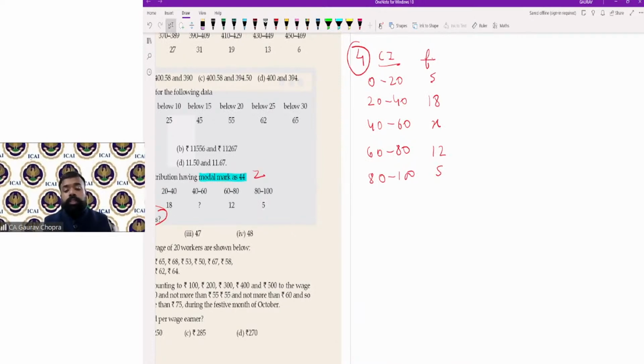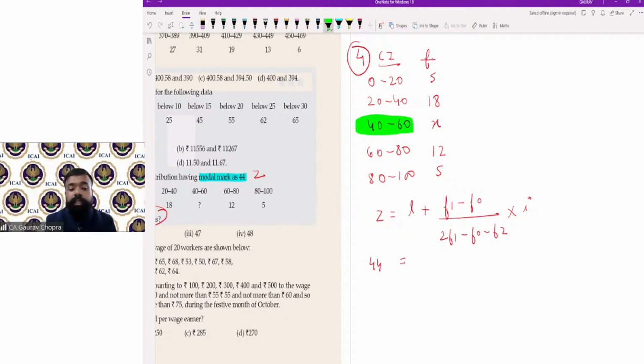So first apply the formula for mode. Z is equal to L plus F1 minus F0 upon 2F1 minus F0 minus F2 into I. Now the mode is lying in the class interval of 40 to 60. Why so? Because the mode is 44 and 44 lies between 40 and 60. So this is the modal class interval.